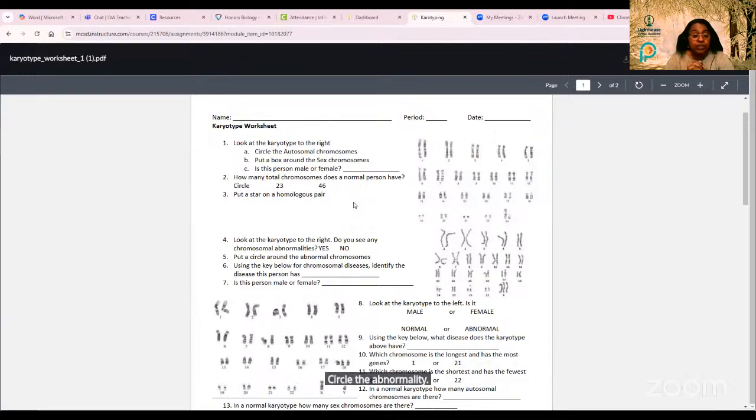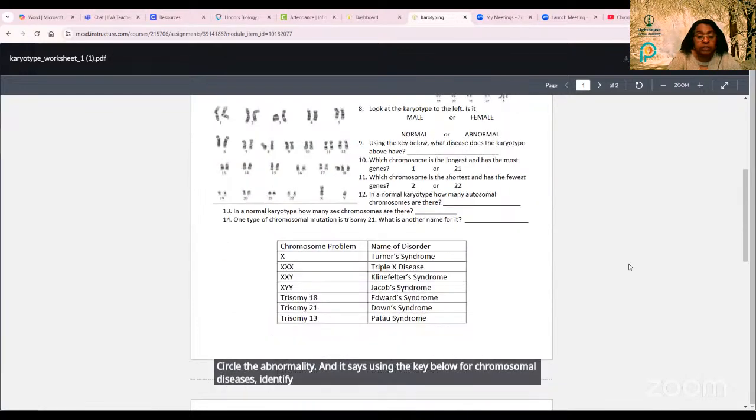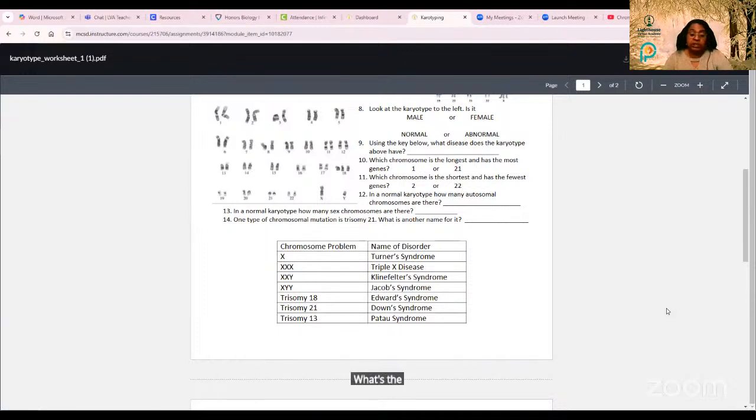And it says using the key below for chromosomal diseases, identify the disease this person has. So there's a chart here. This person has 3 X chromosomes. So what do they have? What's the name of the disease that they have?